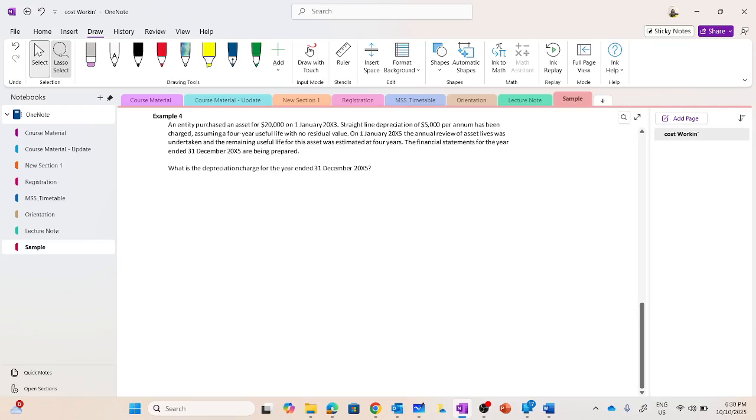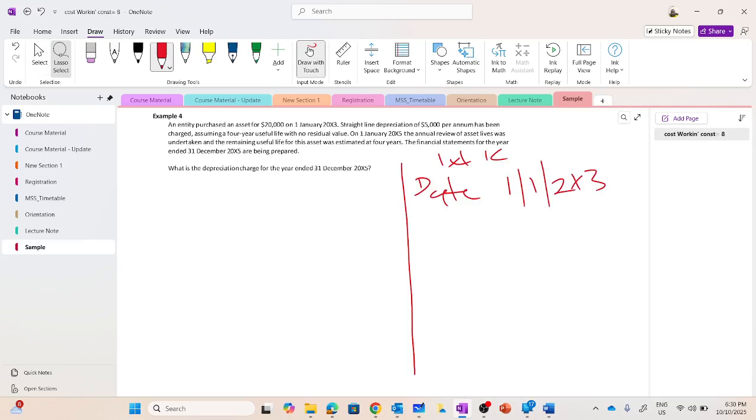An entity purchased an asset for $20,000 on 1st January 20x3. So the date of acquisition is 1st January 20x3, for 20,000. Straight line depreciation of 5,000 per annum has been charged, assuming a 4-year useful life with no residual value.